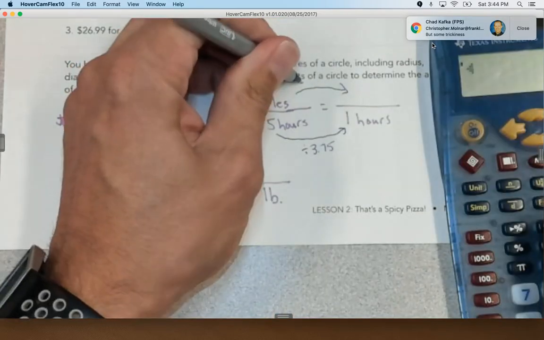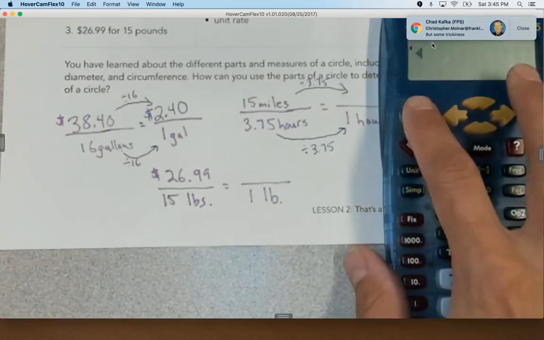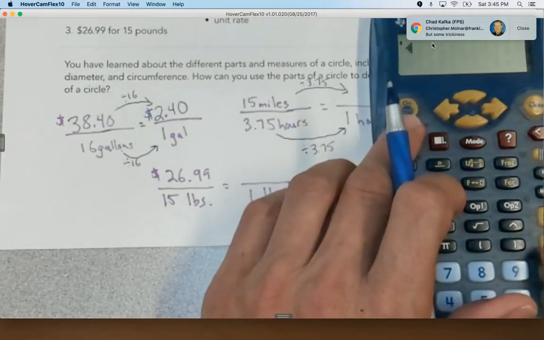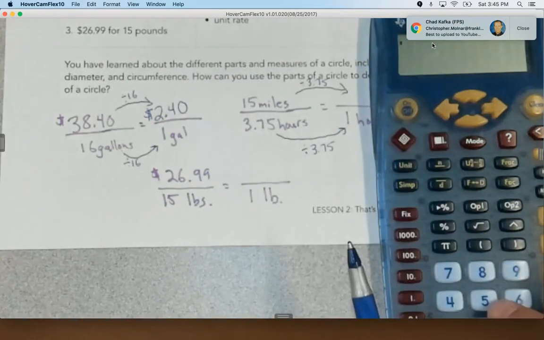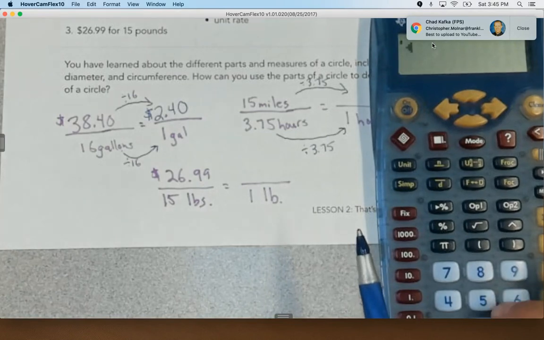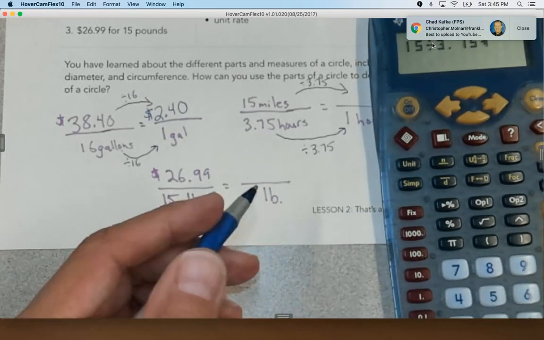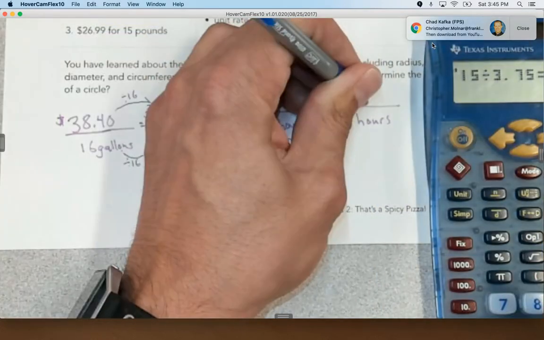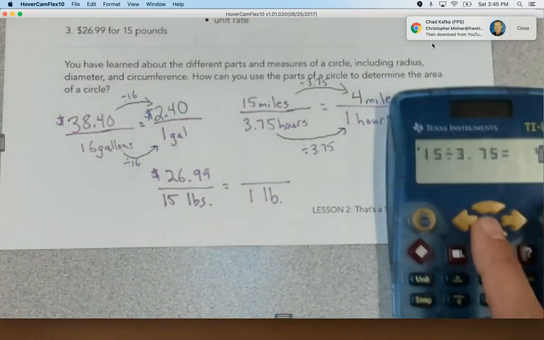So divide that by 3.75. 3.75, that's getting close to a marathon for me, give or take. Then for this one, we would have 15 divided by 3.75, and that would be 4 miles in 1 hour. Okay, so that's like a 15-minute mile.